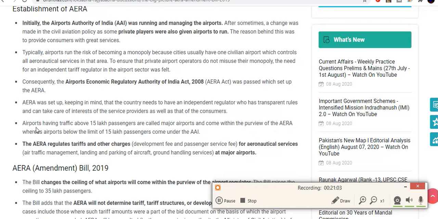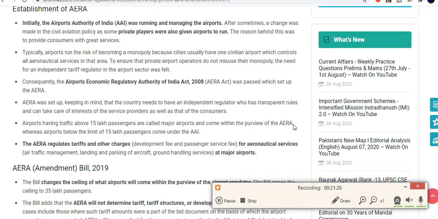And apart from that, here the provision is important: airports having traffic above 15 lakh passengers are called major airports, and they will come under the purview of AERA. So AERA will cover only those airports which have traffic of more than 15 lakh passengers.